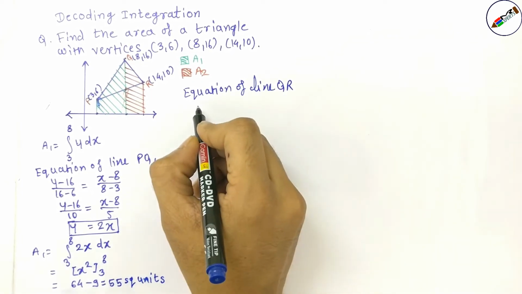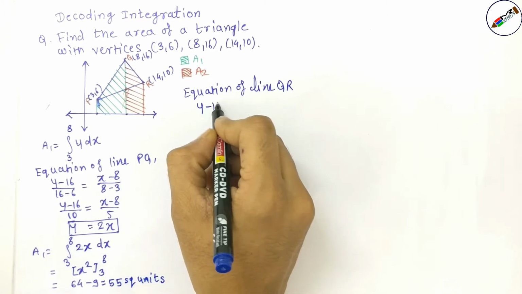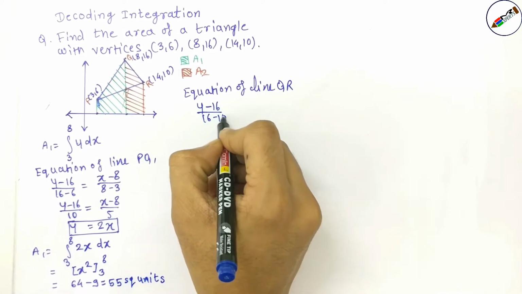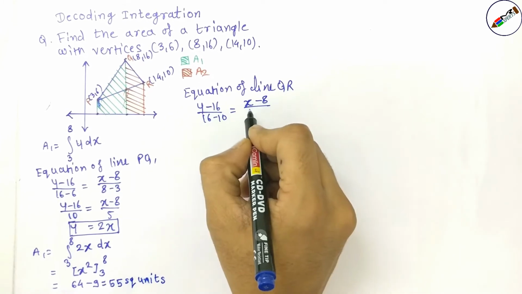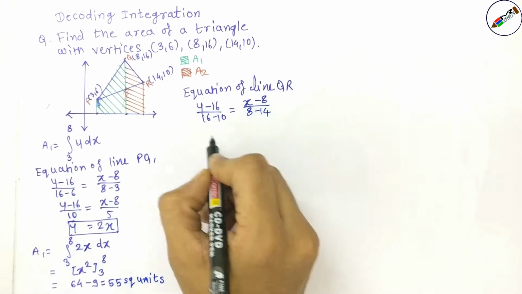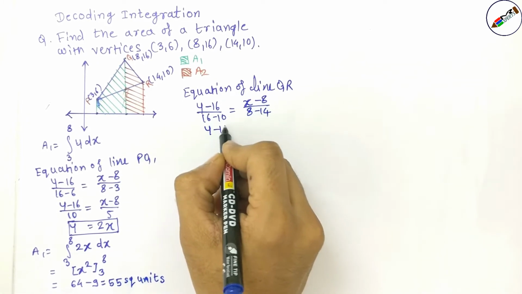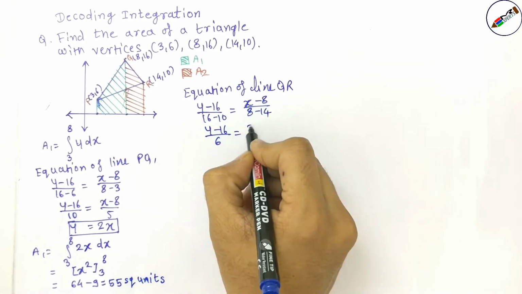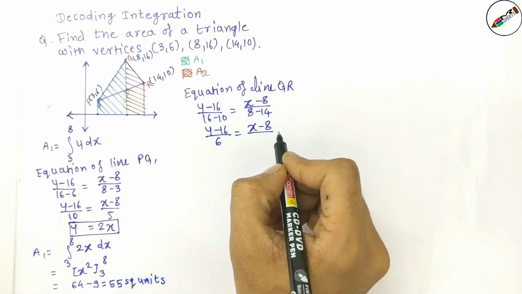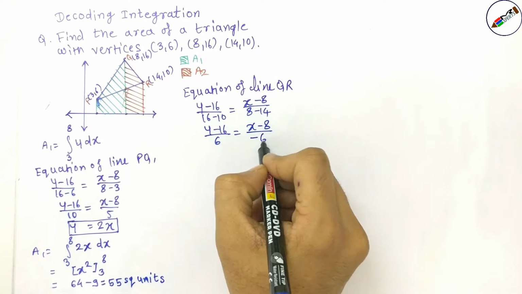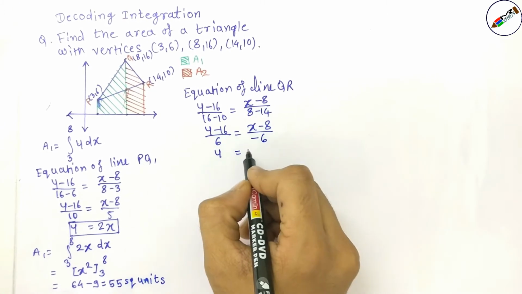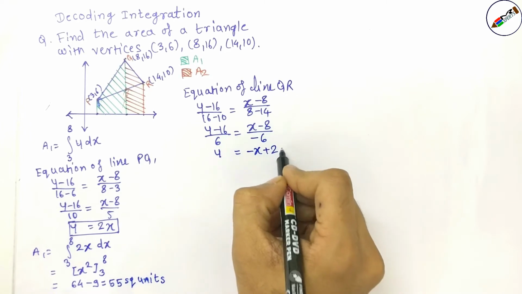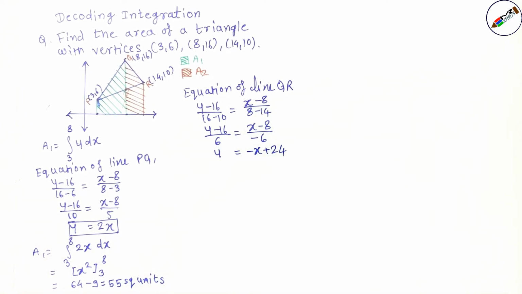So I will say y minus 16 upon 16 minus 10 is equal to x minus 8 upon 8 minus 14, which will be y minus 16 upon 6 is equal to x minus 8 upon minus 6, which is equal to y is equal to minus x plus 24. That is the equation of line QR.